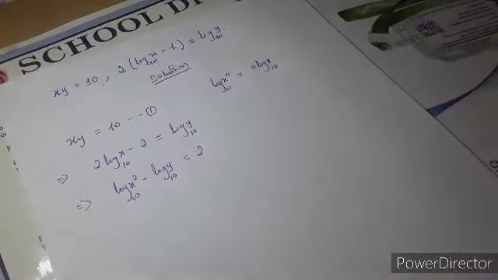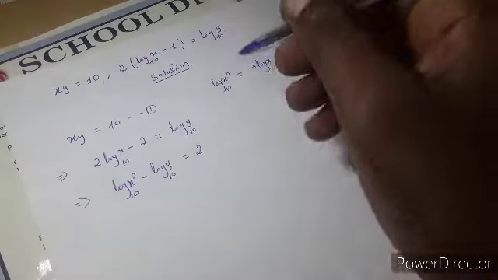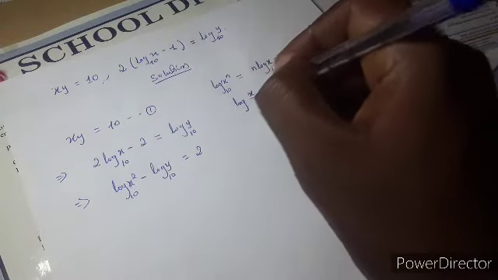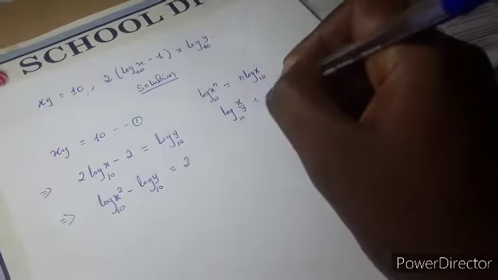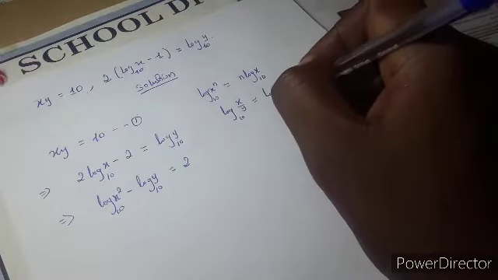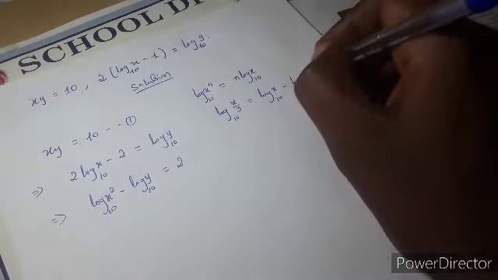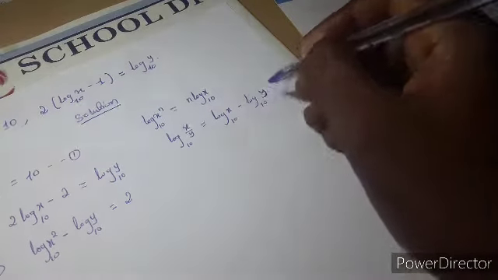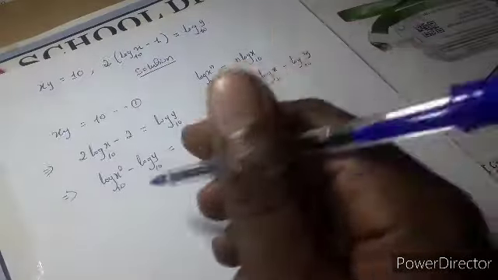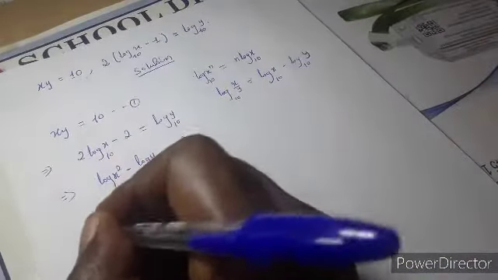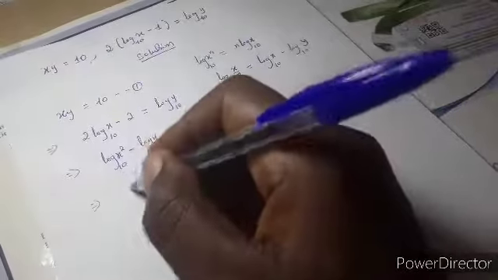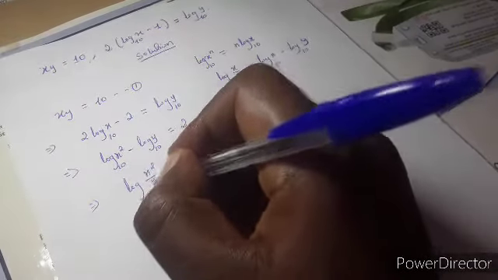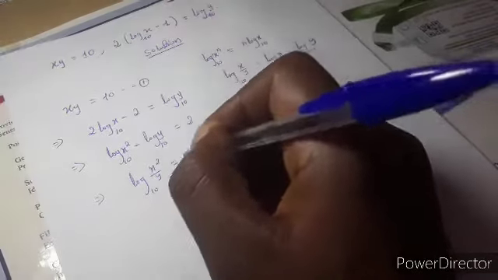Now apply another law under logarithm, which states that log of x on y to base 10 is the same as log x to base 10 minus log y to base 10. So I'll apply this law here. This is what we end up having: log of x squared on y to base 10 equals 2.